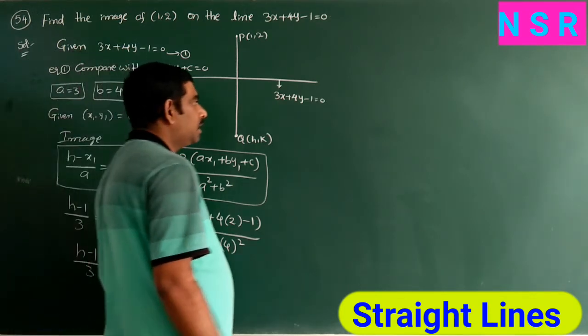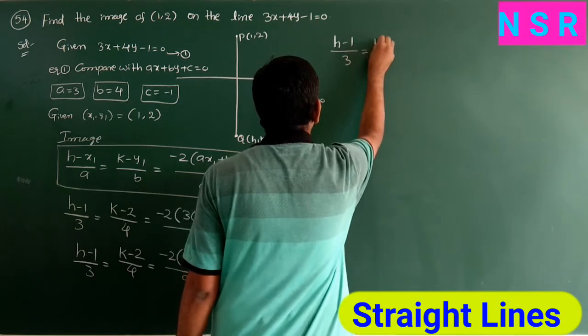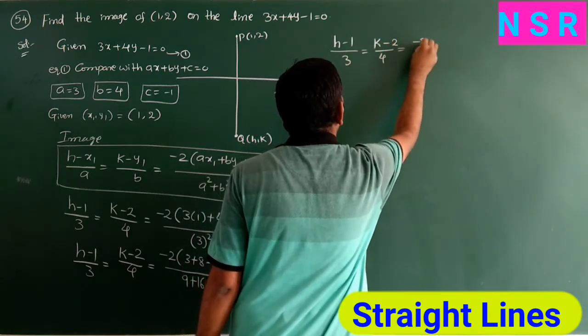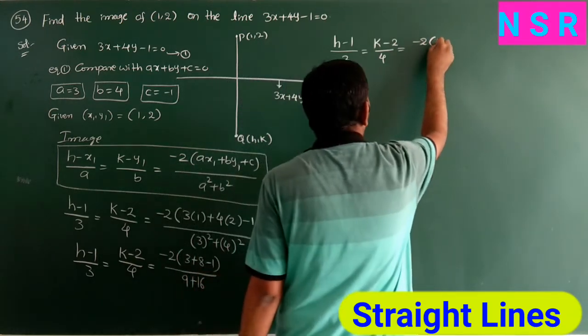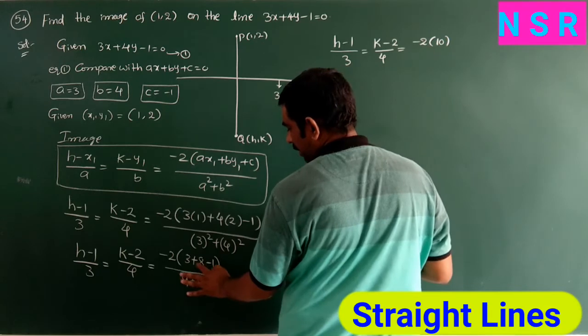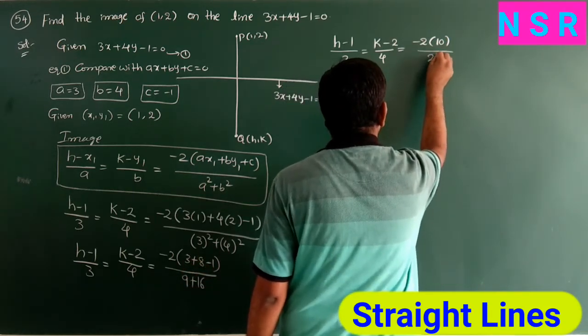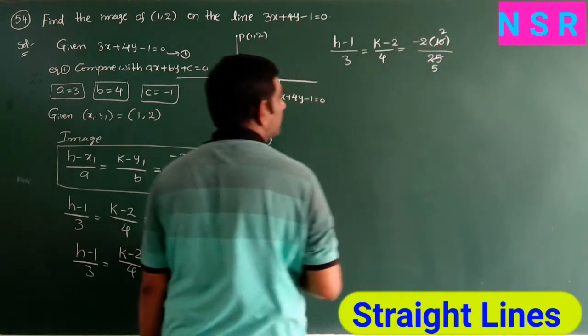Now simplify it. h minus 1 by 3 equal to k minus 2 by 4 equal to minus 2 into (8 plus 3 is 11, 11 minus 1 is 10) by 9 plus 16 is 25. So 5 twos are 10, 5 fives are 25.